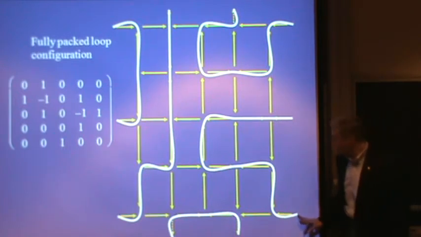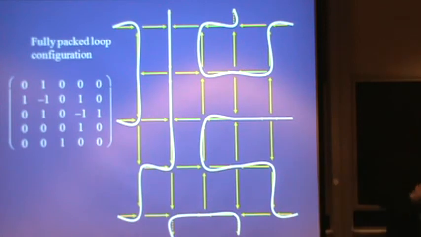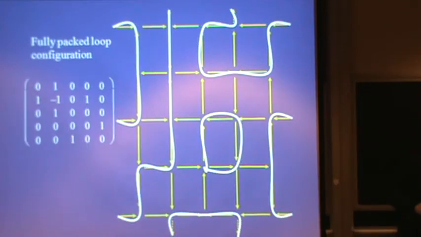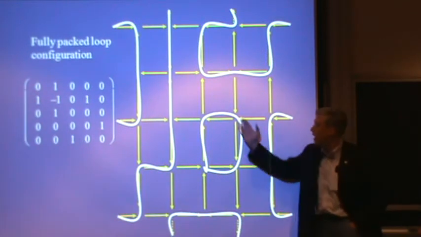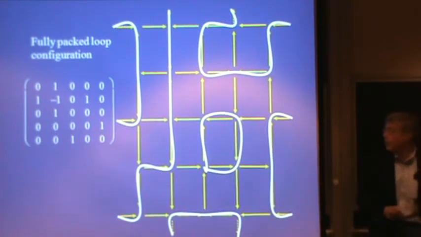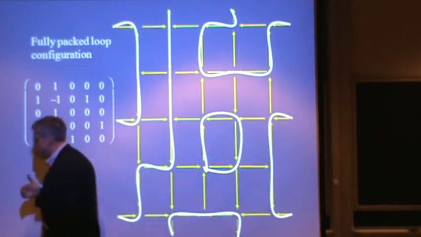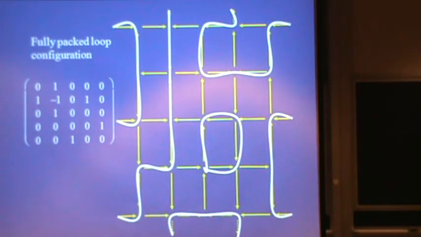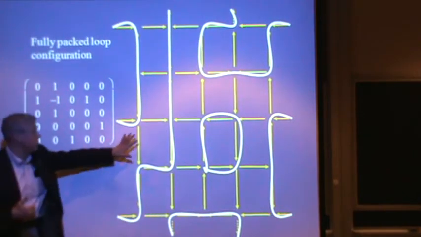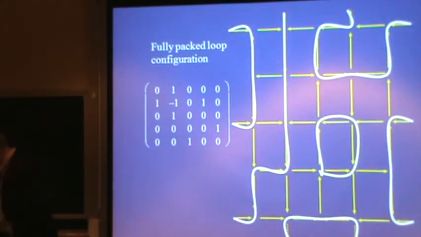In this particular case, every path starts on an outside edge, and of course then must wind up on an outside edge. You can get a loop configuration that actually has loops within it. But we have a nice one-to-one correspondence between these fully packed loop configurations and the alternating sign matrices. If you've got the alternating sign matrix, that uniquely determines the loop configuration.